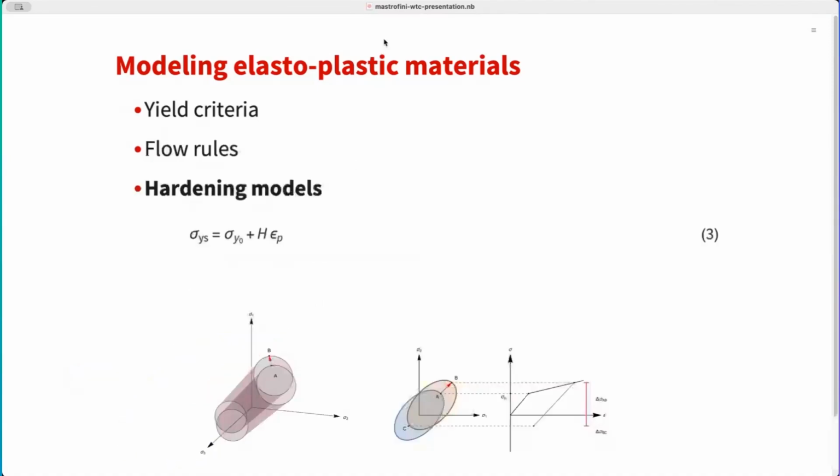And then we may also need some hardening model that tells us how the elastic limit may change due to the variation of the material behavior.